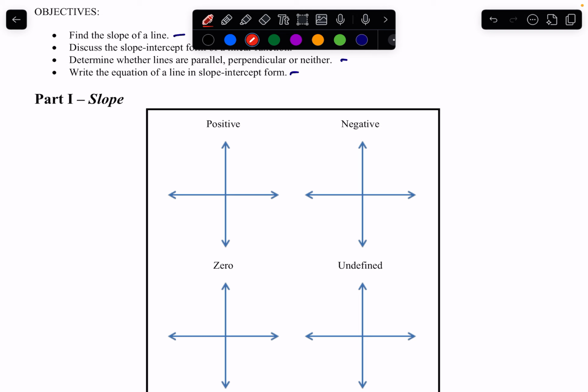We've got four different slopes here. So we have a positive slope, which means that it is increasing. For example, it might look like this, or it can also be like this.